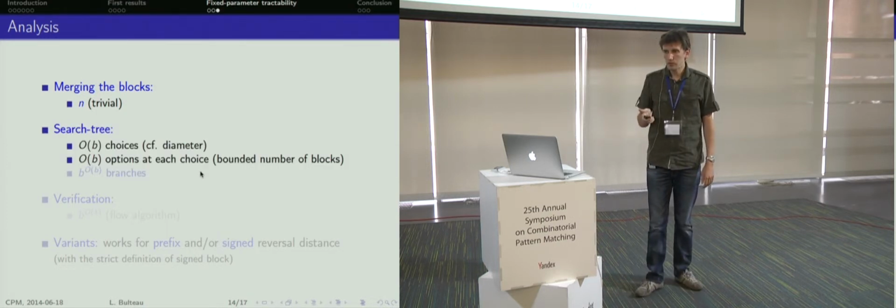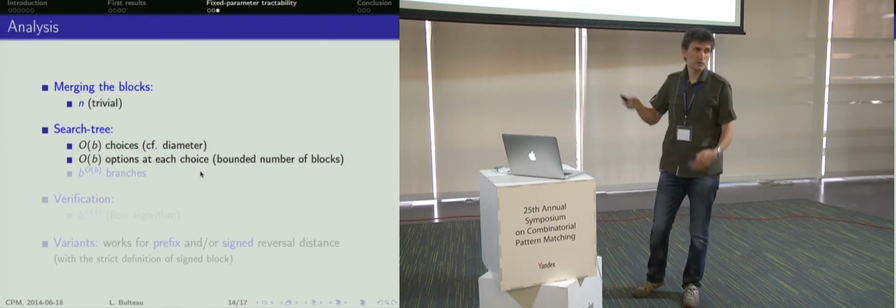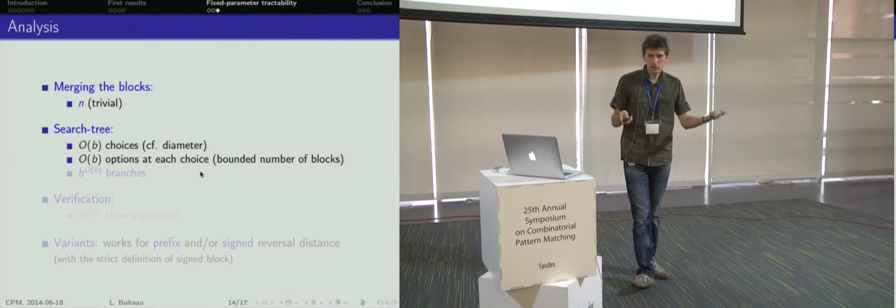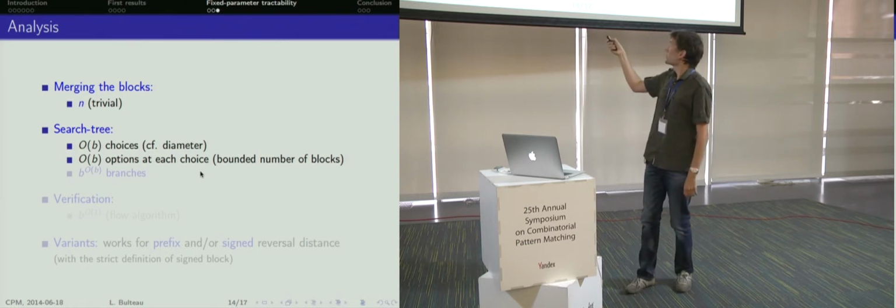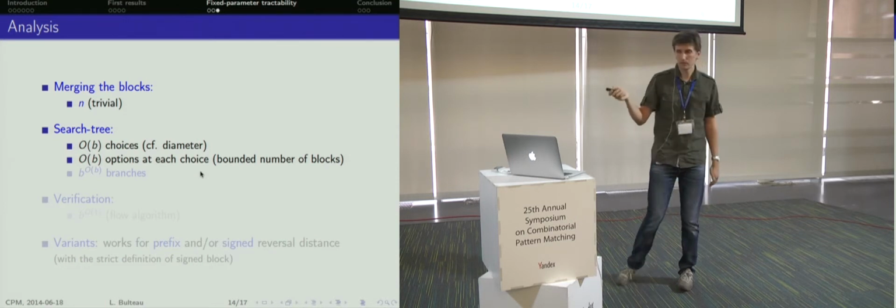So our search tree algorithm has a linear number of choices for each reversal we want to guess. Sorry, we've got to guess a linear number of reversals, and for each reversal we've got a linear number of options.